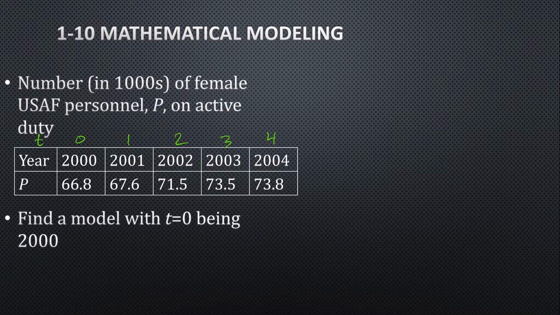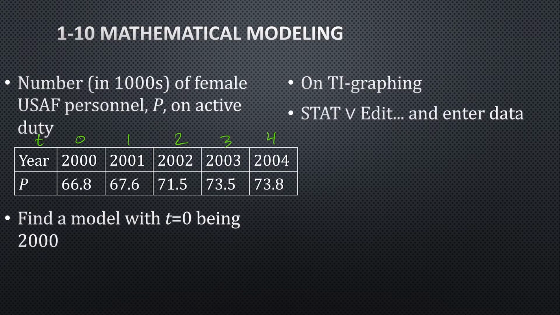We could do this by hand, by plotting the points, drawing the best fitting line and finding its equation, or we could use technology. On a TI graphing calculator, you'd hit Stat, select Edit, and put your data in. Then you hit Stat, go over to Calc, and down to Linear Regression, hit Enter a few times, and that should give it to you, unless your settings are messed up.